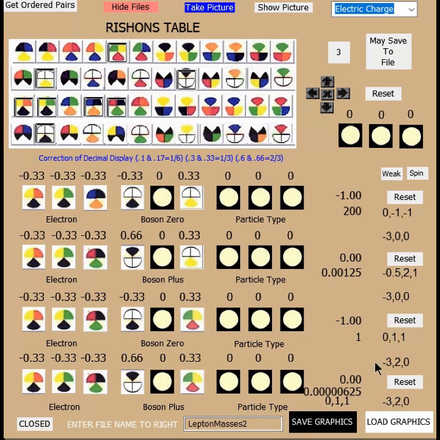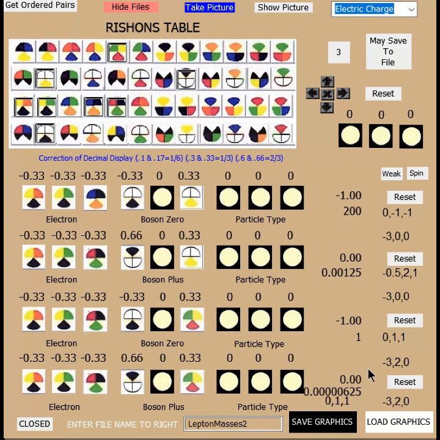So now we can see that the mass of the electron neutrino is quite small compared to the electron. It is 625 hundred millionths of an electron unit. Quite a considerable difference, even compared to the other fractional units of the muon neutrino, of course, and the tau neutrino.